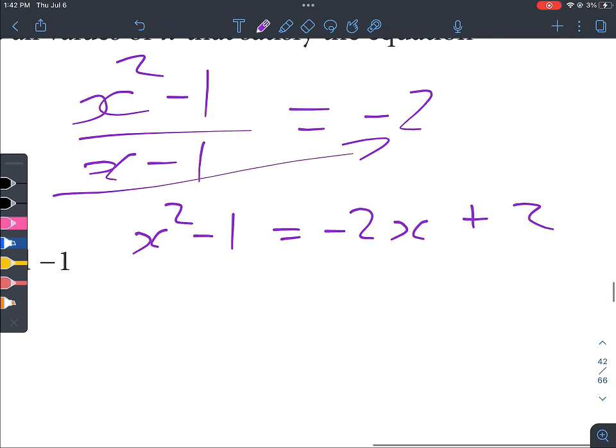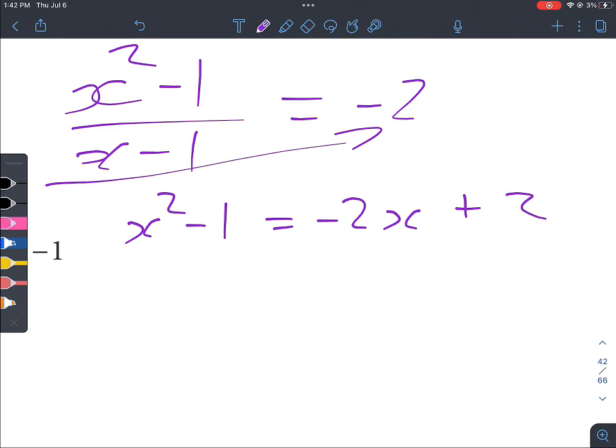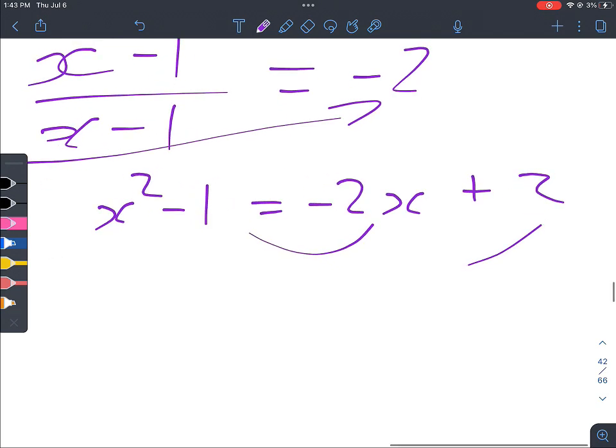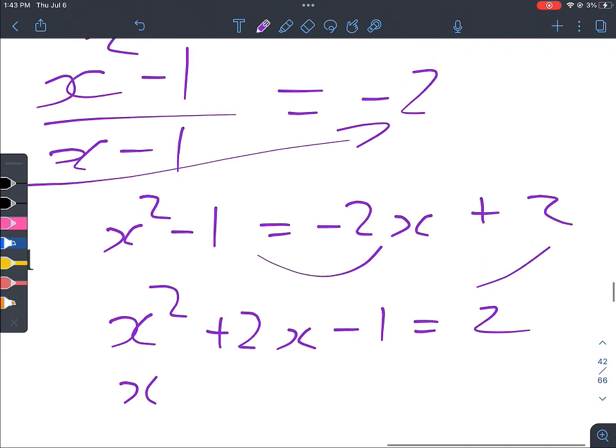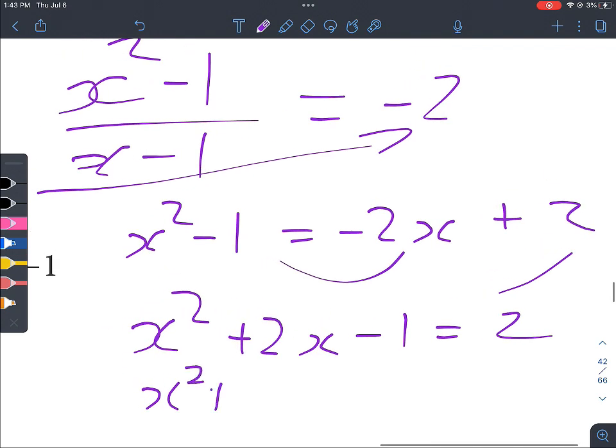Okay, so now I want to take this to that side and this to that side, so the other side can be 0. I'm going to start factoring. So x squared plus 2x minus 1 equals 2, right? Subtract the 2. X squared plus 2x minus 2, that equals negative 3, equals 0.